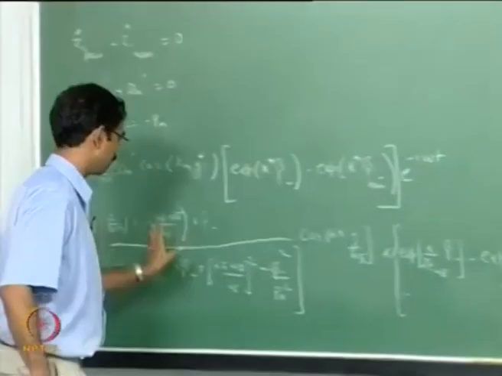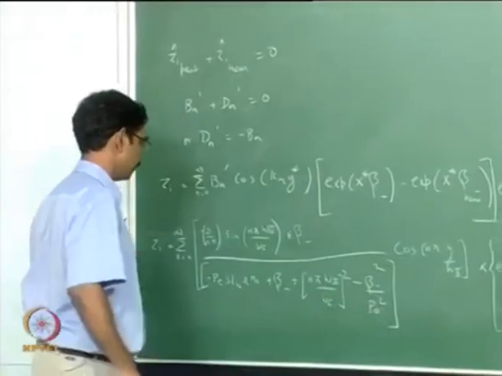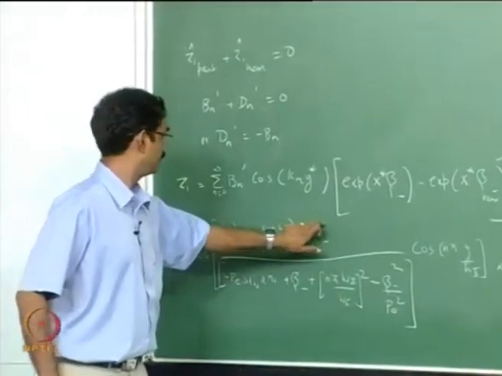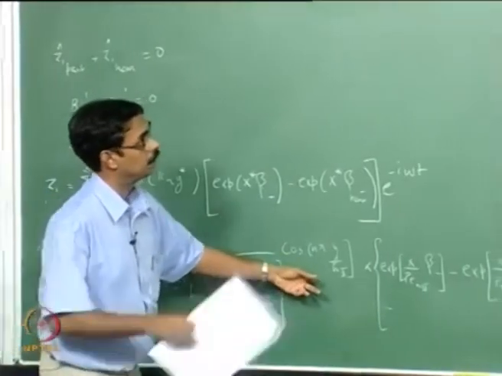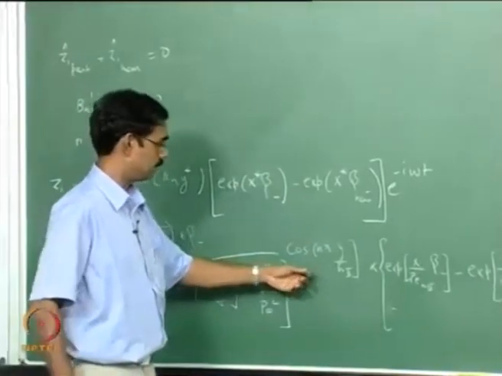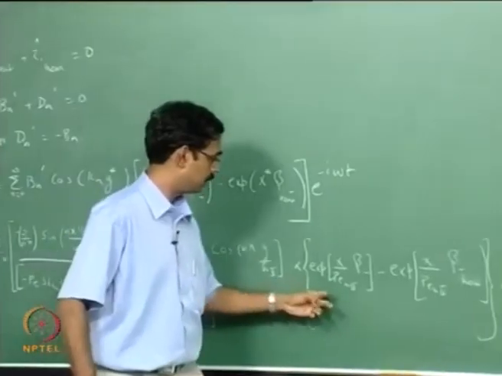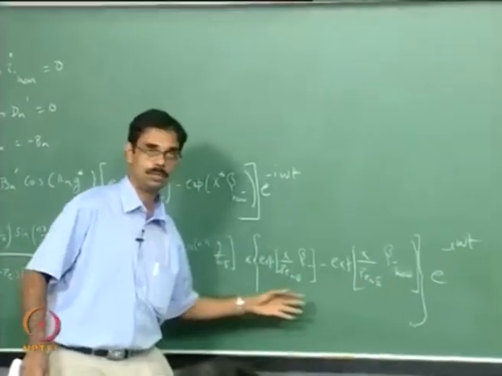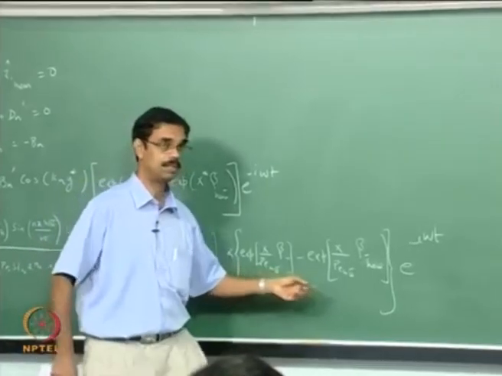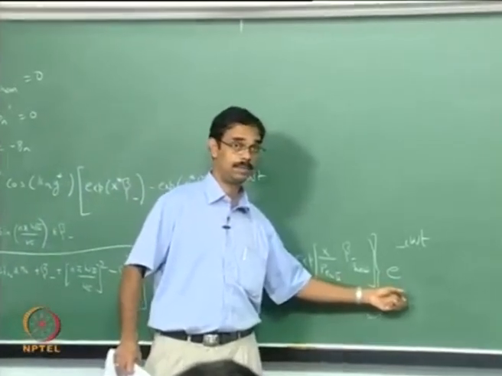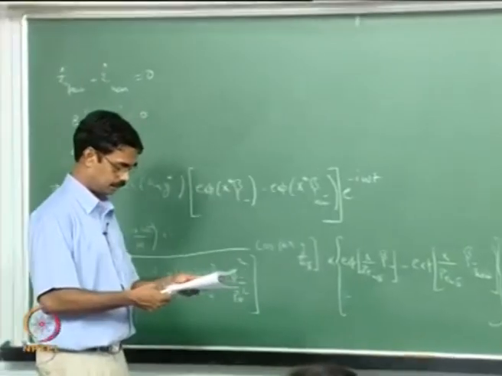So this is a long formula, but this is this Pn primes times our function f, which is cos n pi y over W2 times we have the two solutions. So we have the particular solution and the homogeneous solution, and this is the periodic part. So this is the solution.